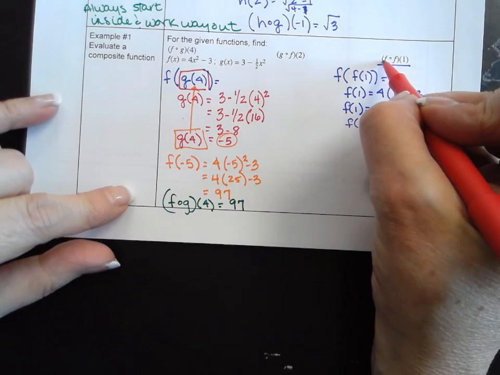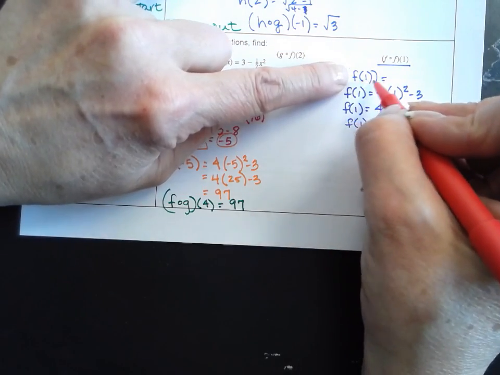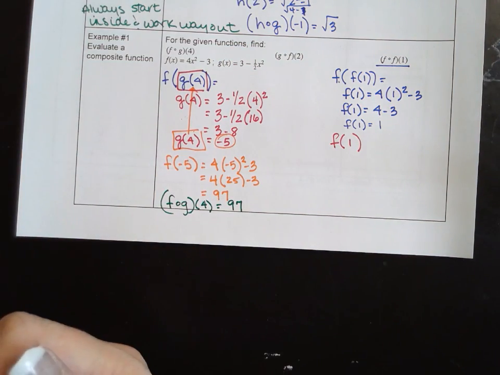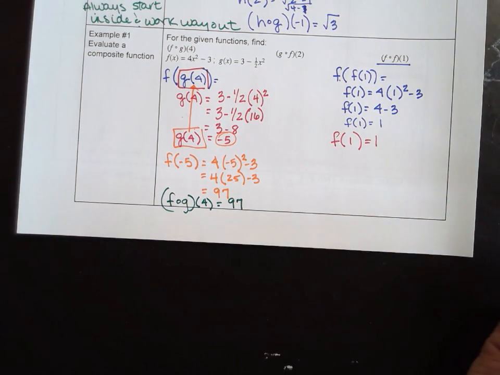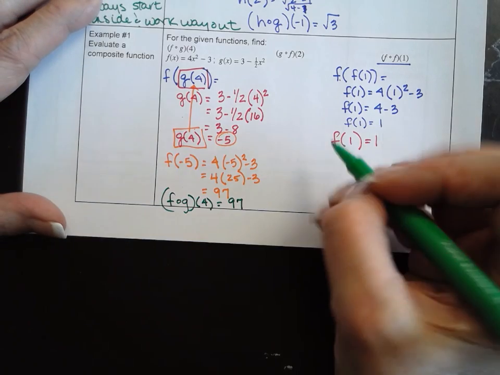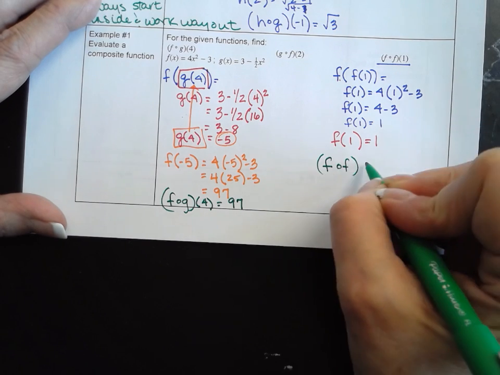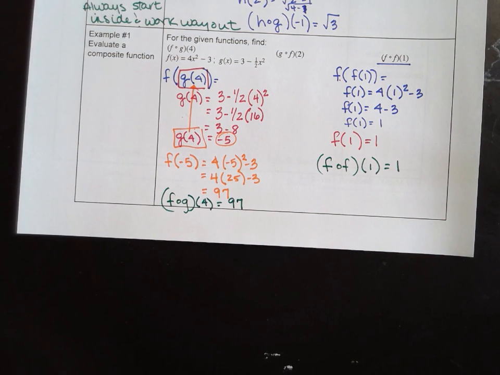Now, I'm looking for the f of 1 again. Well, we just found that one, didn't we? We already know it is 1. So that means the f of f of 1 is going to be 1.